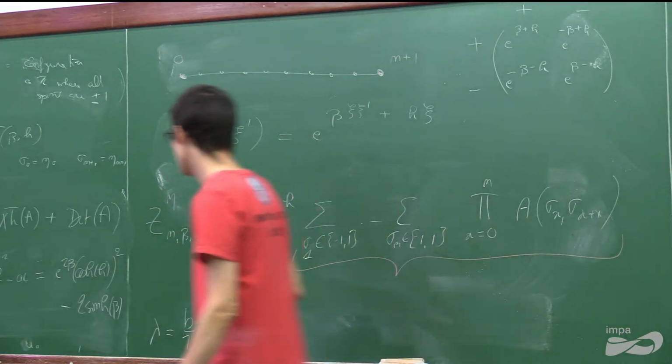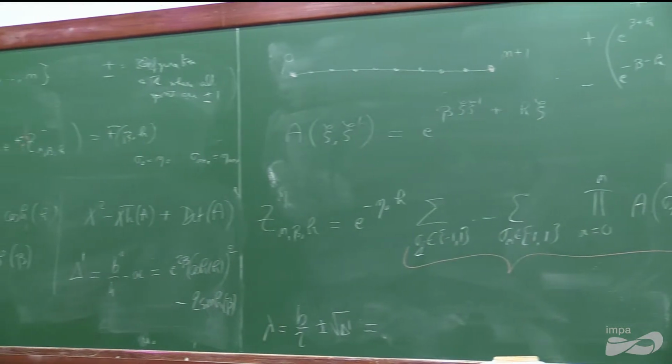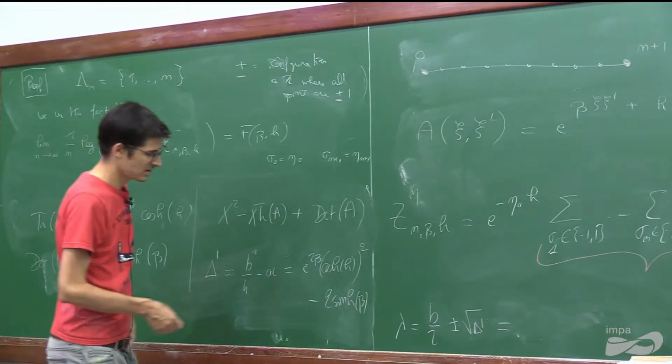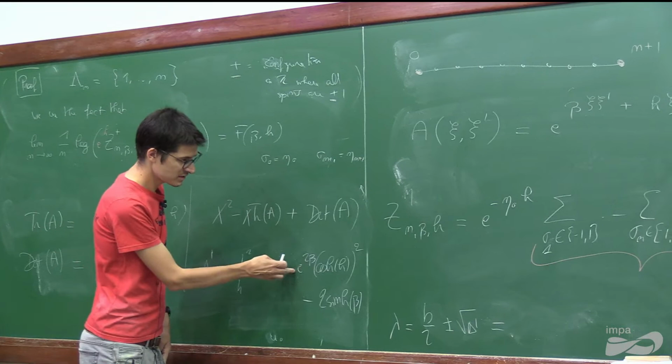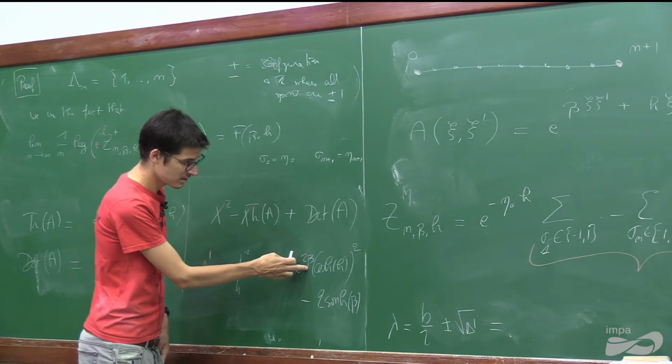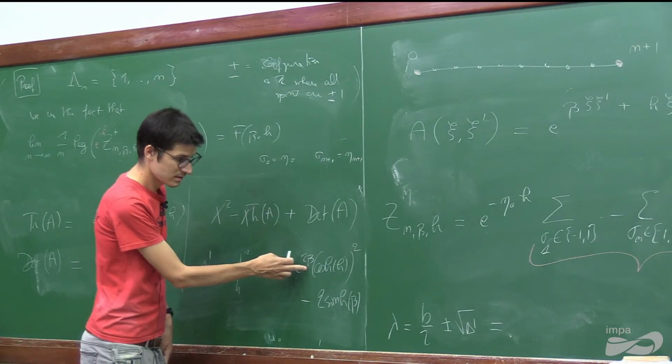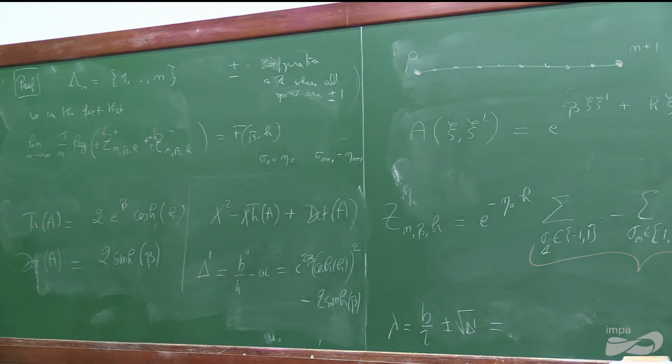Okay, this is always positive, right? Because this exponential 2 beta, I think it's hyperbolic sine of 2. Yes, it's hyperbolic sine of 2 beta.